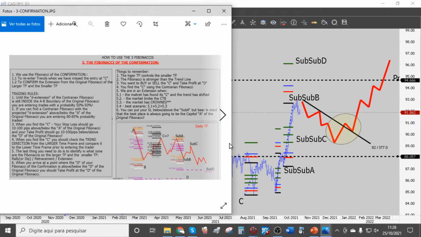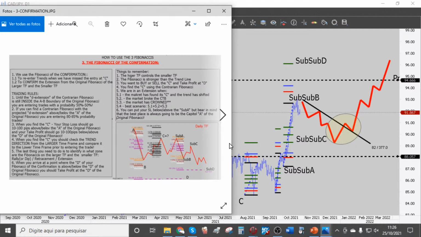Trading rules, everybody. You can take a screenshot or send me an email or say hello on Skype if you want the pictures. Anyway, you can take a screenshot, right? Trading rules, everybody. Look at the trading rule number 6. Lucas and everybody else, look at the trading rule number 6.